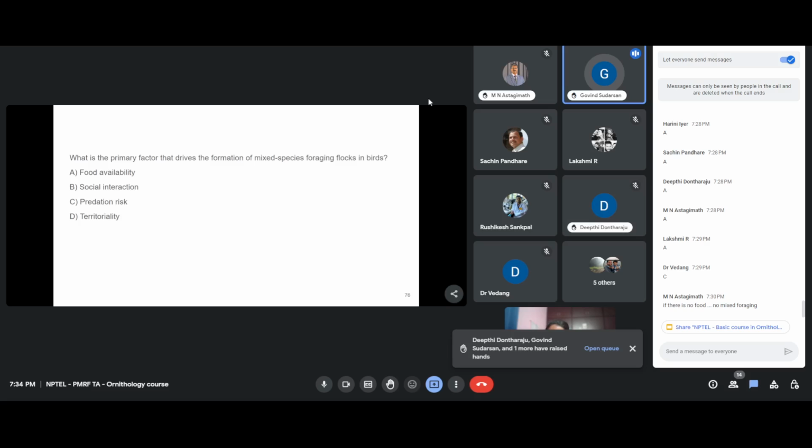I wanted to know how often mixed species flocks form. Like, how often do babblers and drongos come together? I was on field a couple of weeks ago, and I saw mixed species foraging flocks every single day.